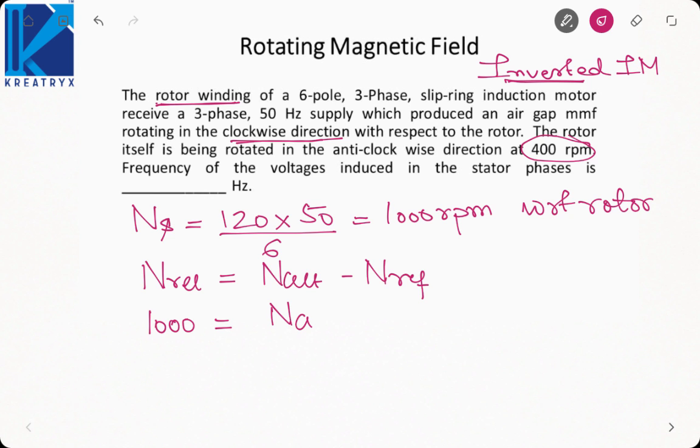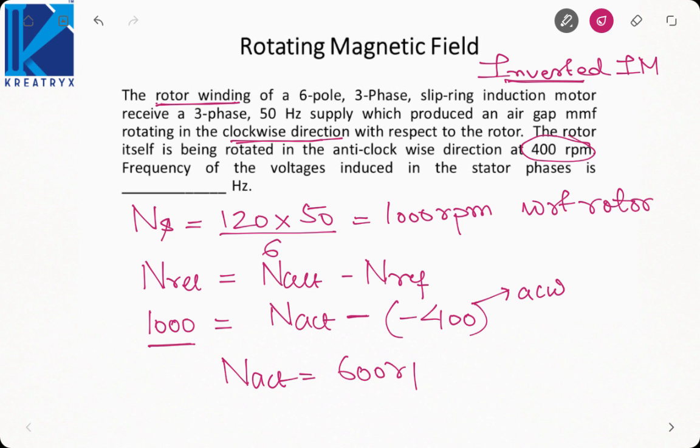Actual speed means speed with respect to stator, we do not know. But speed of rotor is minus 400. Why minus? Because if clockwise is positive, the anti-clockwise can be taken to be negative, which means actual speed is 600 RPM.